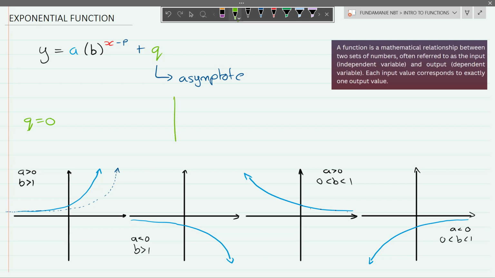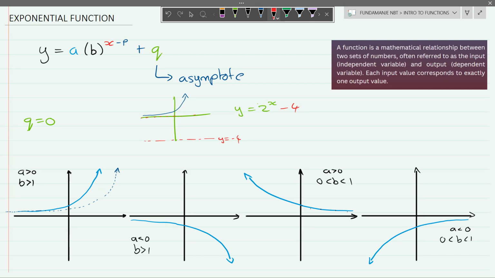For example, if this is my Cartesian plane, I can have a function called y equals 2 to the power of x minus 4. This means that instead of having y equals 2 to the power of x with a function that looks like this, when we add this minus 4, we're basically shifting the asymptote, which was originally here, down to minus 4, if this is y equals minus 4.